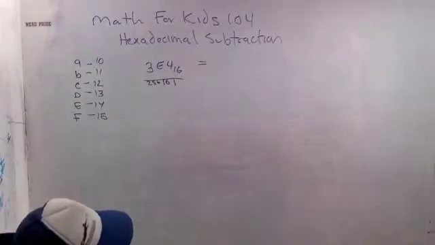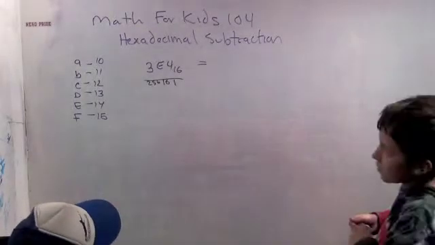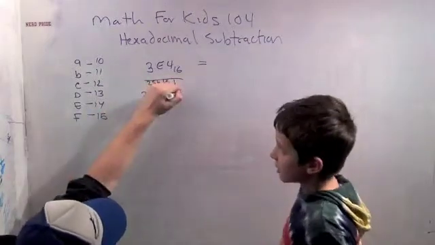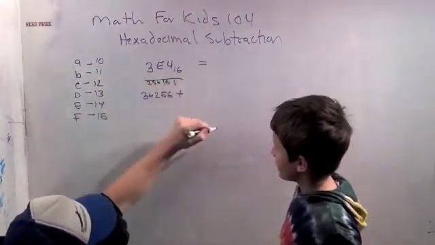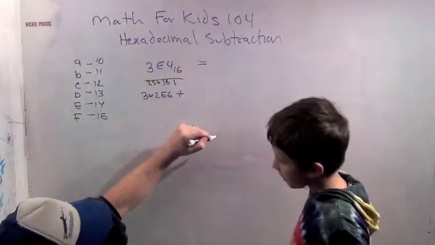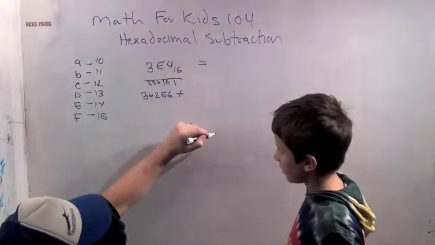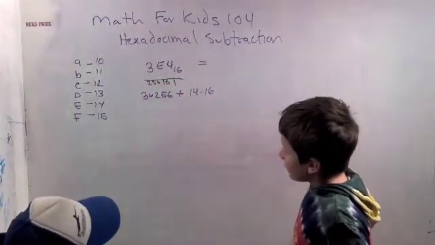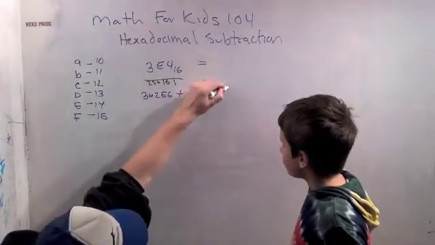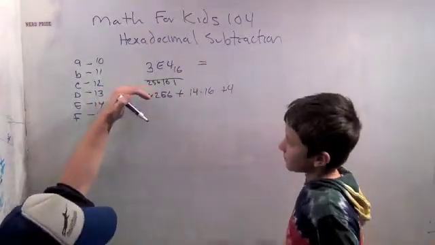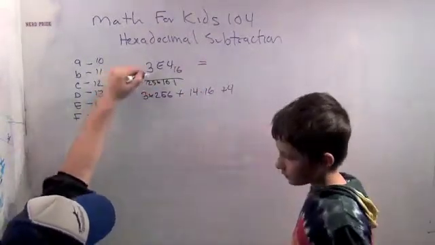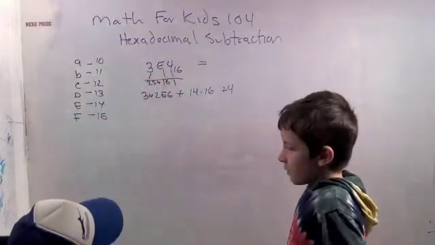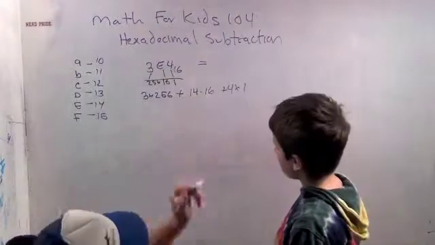So this number is equal to 3 times 256, plus E, which is 14, times 16, plus 4 times 1.